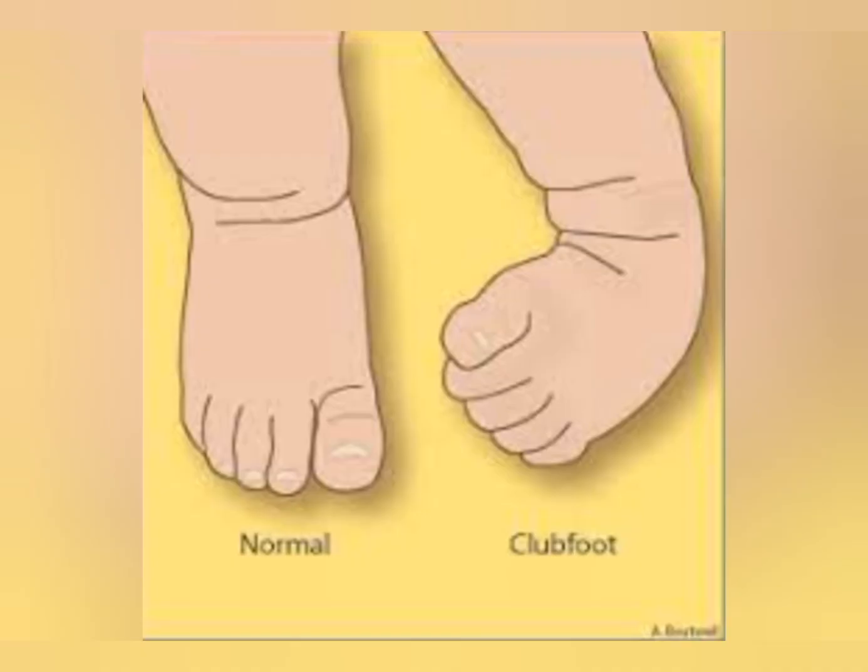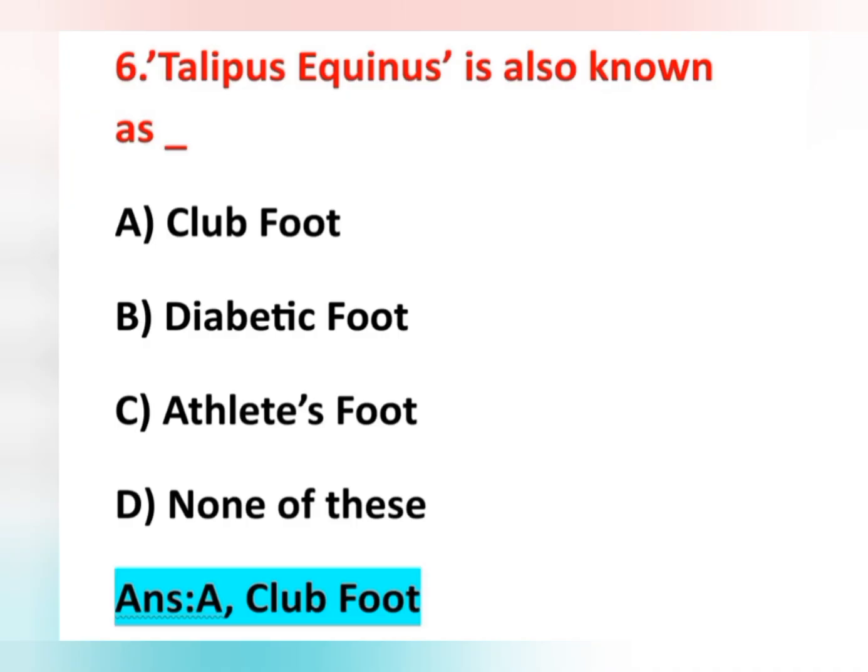In the picture we can see the difference between normal and clubfoot. Clubfoot is one of the birth defects in which the foot is turned inward and downward. That is also known as Talipes equinus or equinovarus.